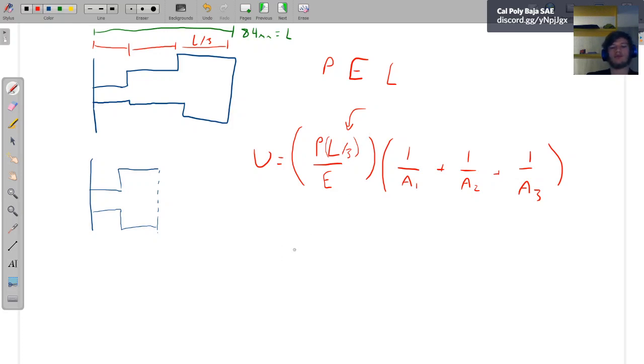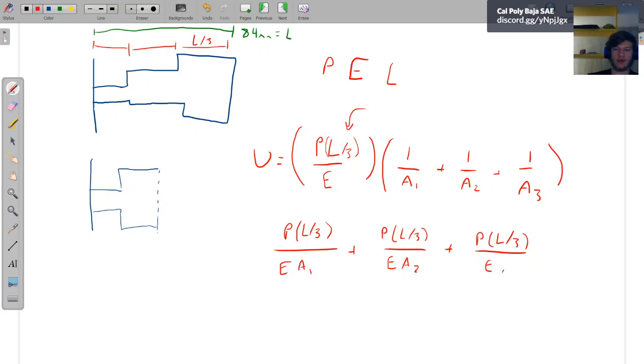Let's work it out. If we expand this, we have P L over 3 over E A1 plus P L over 3 over E A2 plus P L over 3 over E A3.